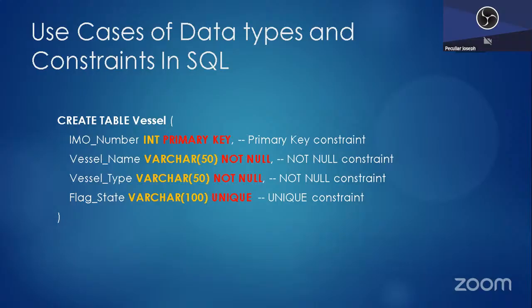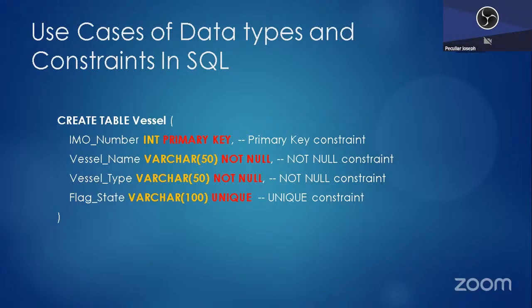And then you can see the constraint I've created: not null. When I'm saying not null, I'm saying I can't leave any cell in my vessel name column empty. My primary key also has the feature of not null and unique. Whenever I store a column as primary key, I'm saying it must be unique and it can't be null.